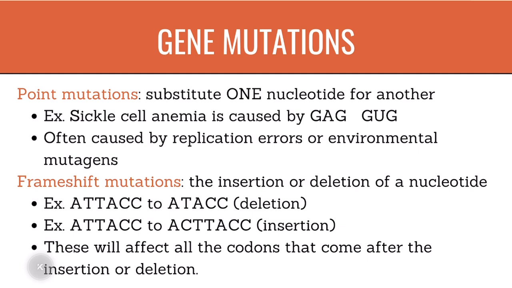So for example, in the deletion, originally that had enough nucleotide bases to make two codons, ATT, one codon, and ACC, a second codon. However, after the deletion, you only have one codon there, ATA, because CC is only two nucleotides, so that's not going to code for an amino acid.